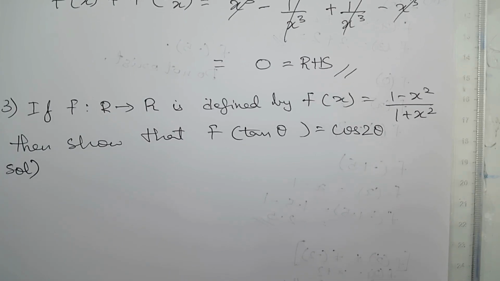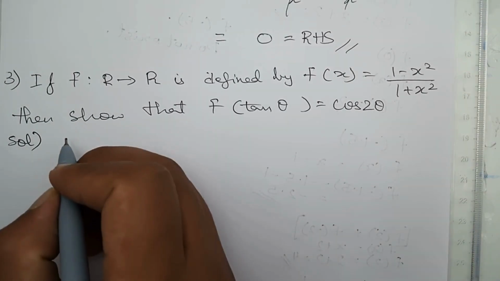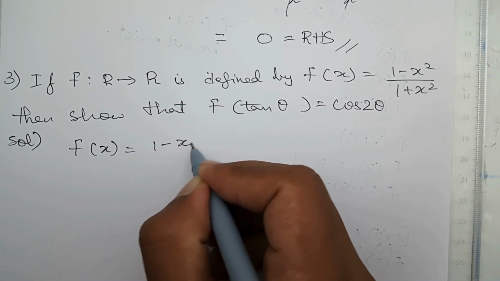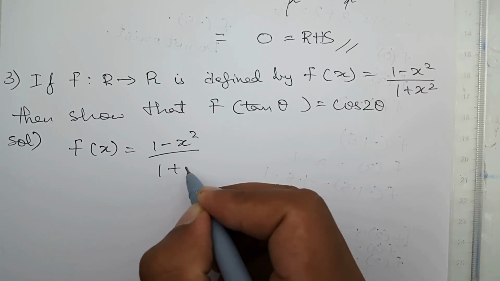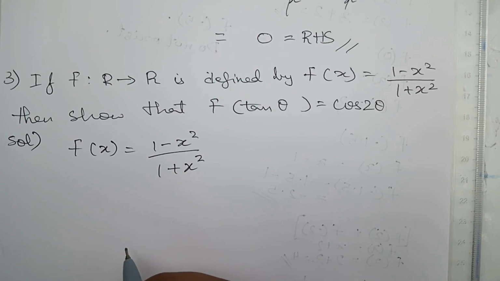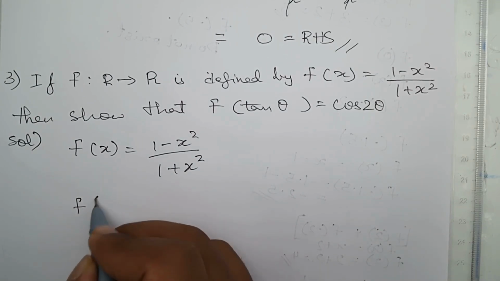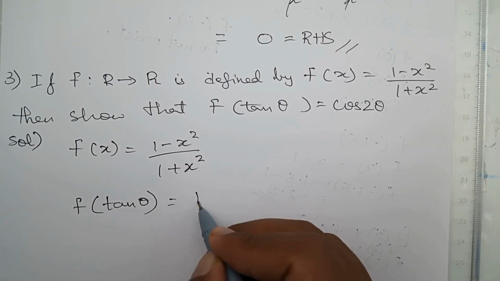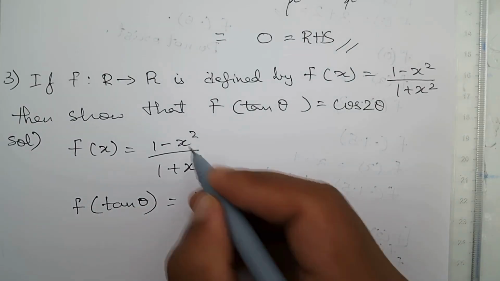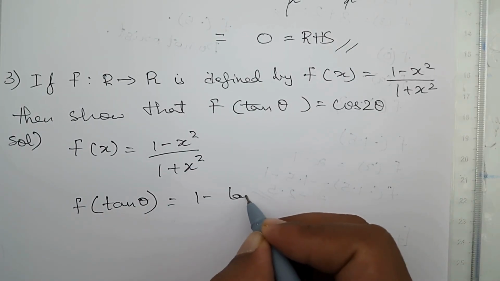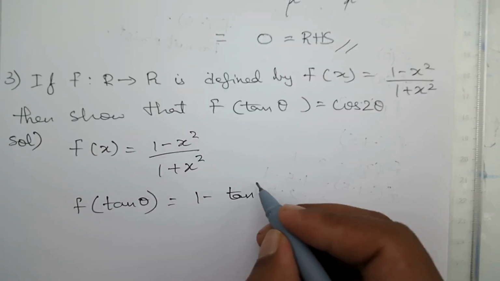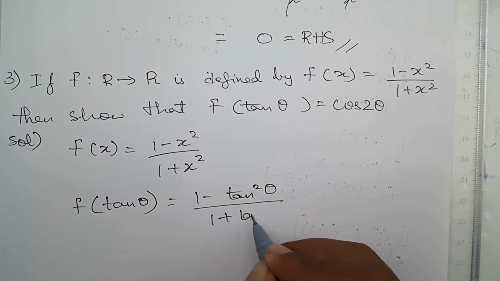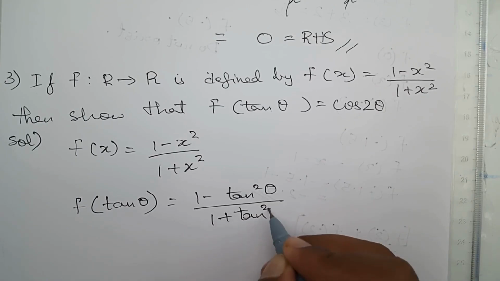Let's see the following. Okay, now we will take f of x is equal to 1 minus x square by 1 plus x square. Now in the x place we should write tan theta. So 1 minus tan square theta by 1 plus tan square theta.